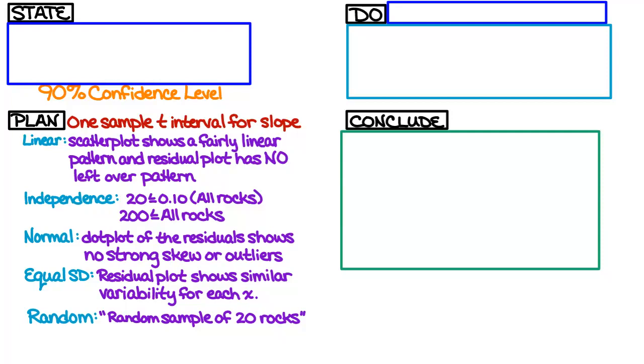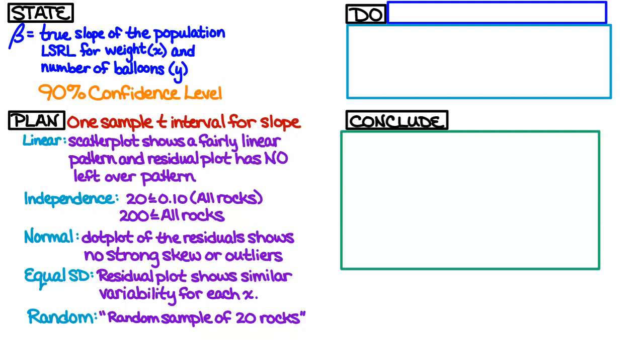Beta equals true slope of the population least squares regression line for rock weight and number of balloons. Which one's X, which one's Y? Weight of the rocks is X. Number of balloons would be Y.